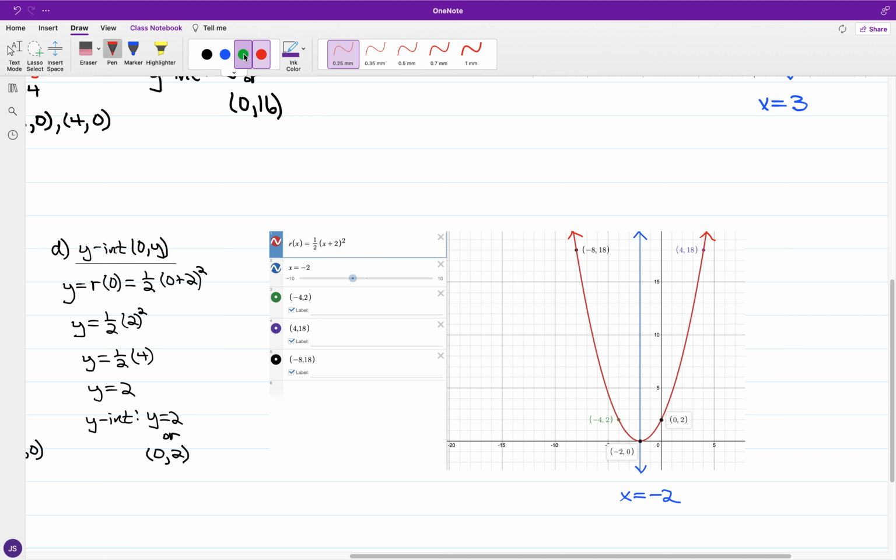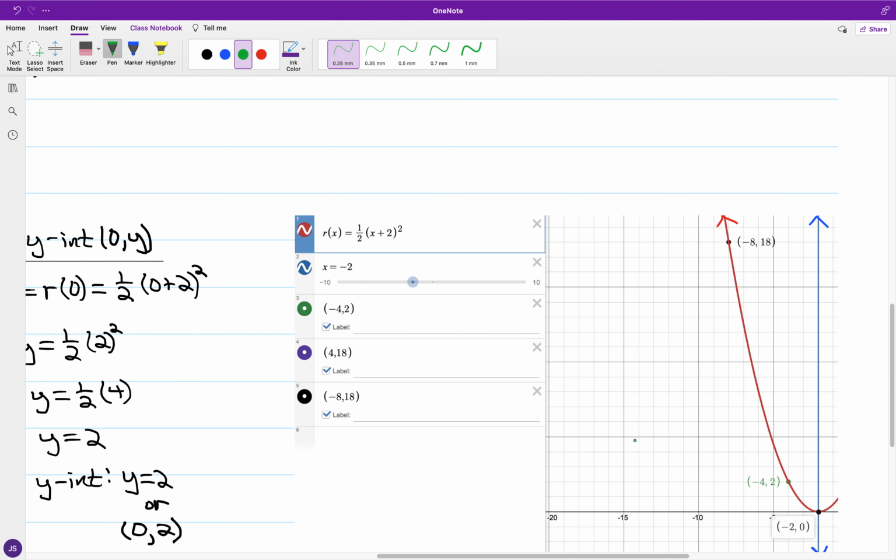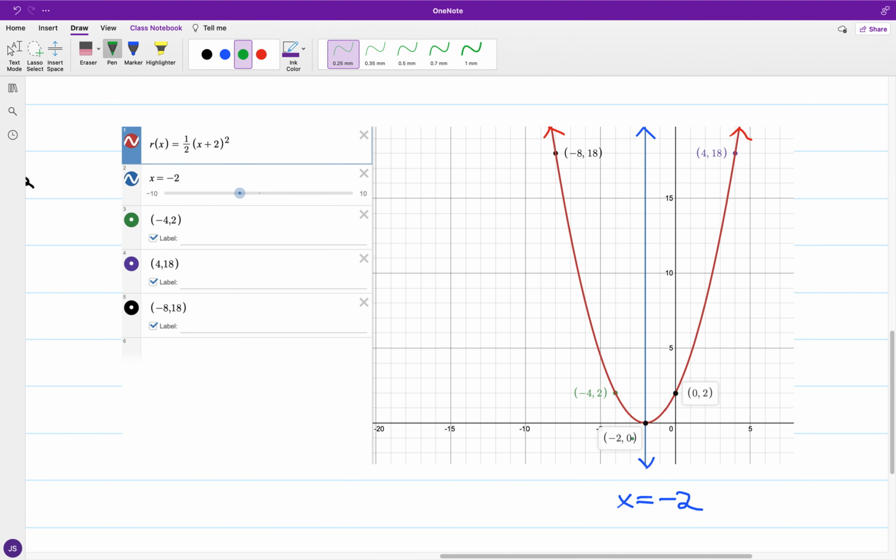Now, just to fill in, we had 2 points readily identified: the vertex and the x-intercept, which are one at negative 2, 0, and we had the y-intercept at 0, 2. If I were to supply any additional point, say I go up to y equals 2, level with the y-intercept, you have a point at negative 2, 2.